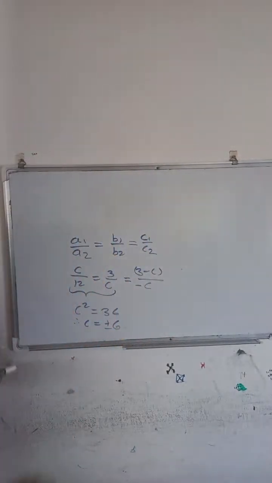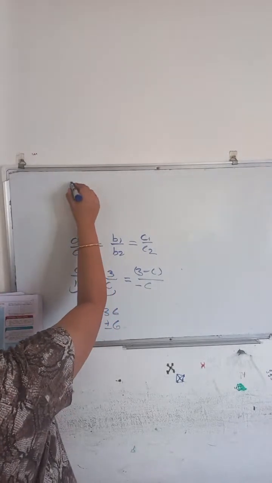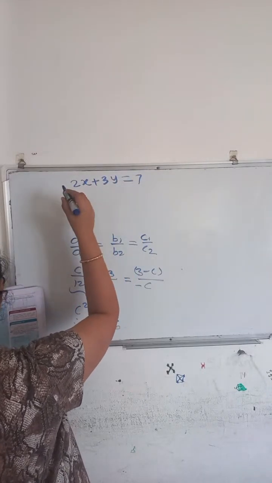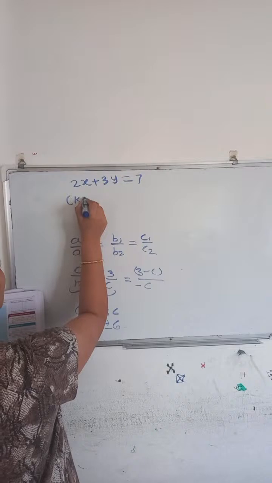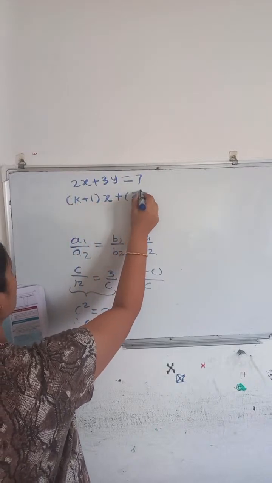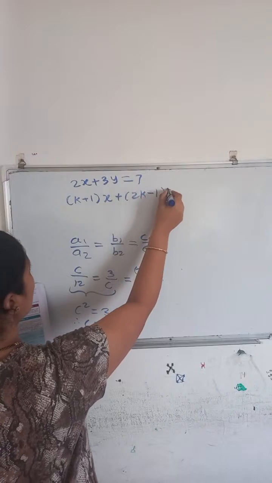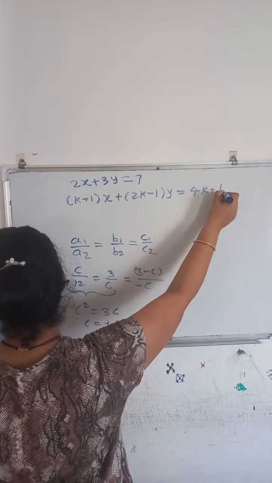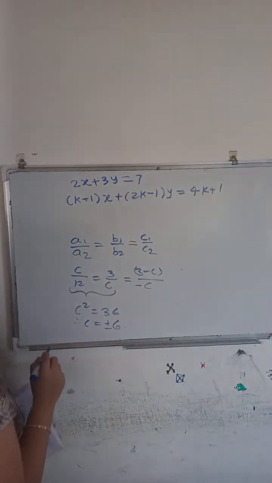Again the same condition but the equations are different. 2x plus 3y is equal to 7 and k plus 1 x plus 2k minus 1 y is equal to 4k plus 1.